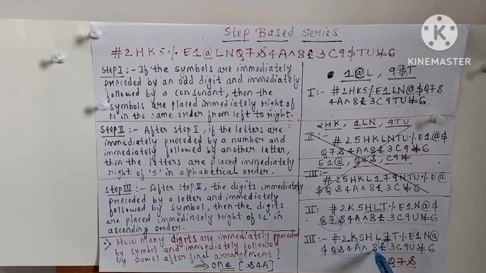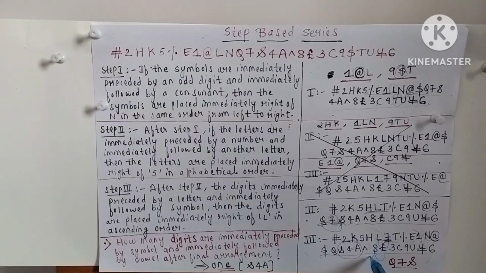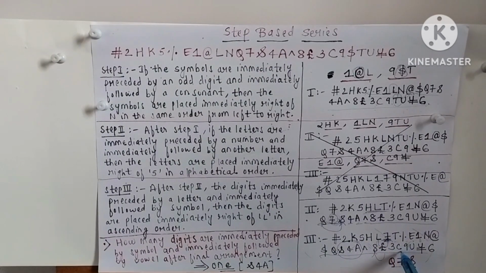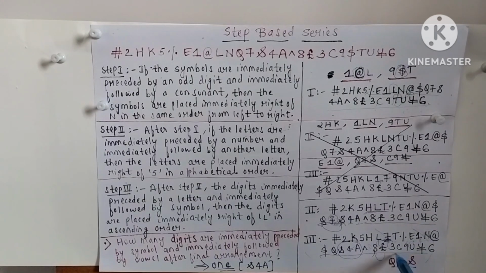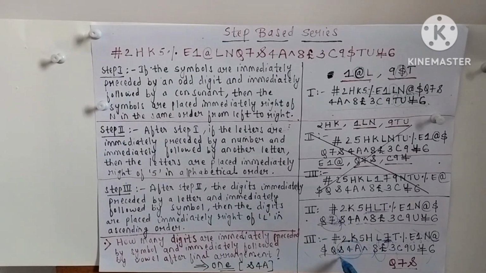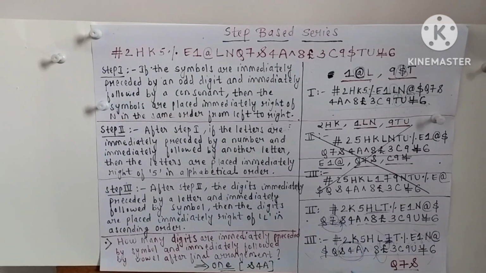Then digits preceded by a symbol followed by a vowel, no. So only one you're getting, that is the one for A, which is matching with this condition. So answer is 1. Okay.